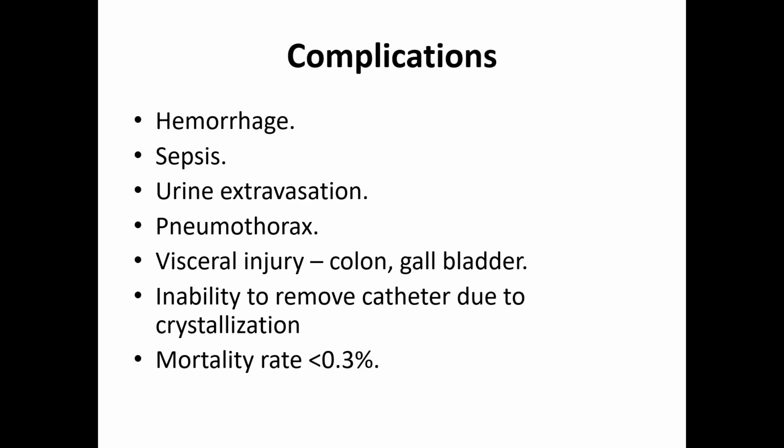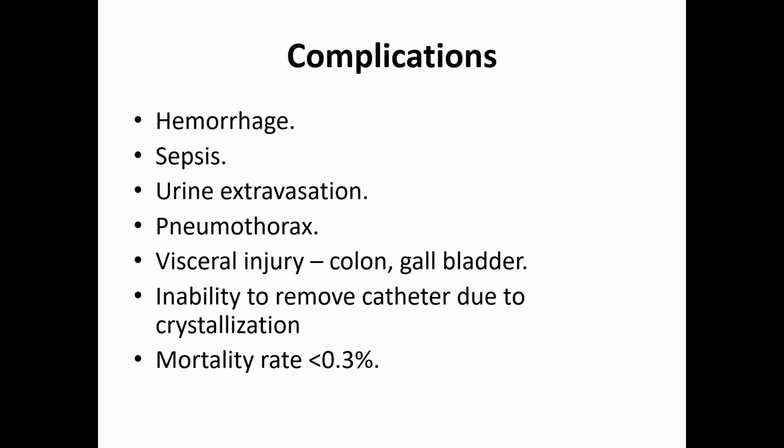Complications: you have specific complications and non-specific complications. One of the most basic complications is hemorrhage and urine extravasation around your nephrostomy tube, and injury to nearby structures. In the right kidney, you should know the relations, and the same for the left kidney.